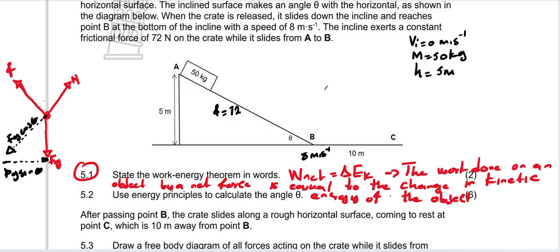So now let's draw the other free body diagram to accommodate both of you guys. Obviously, here we're gonna have our normal like this, our N, and then here we have our friction. This is our friction. And then here we have our FG parallel.